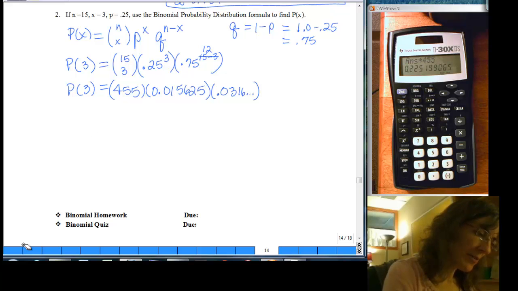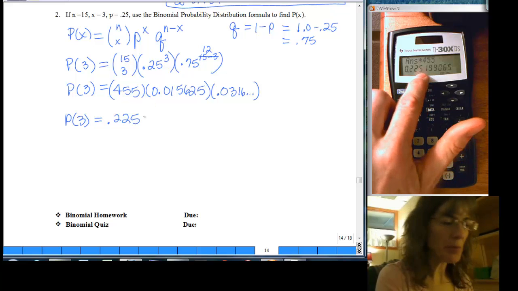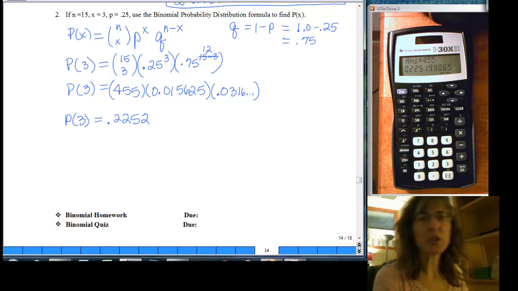and now I have P of 3 equals 0.225, and you can see the next digit is a 9, so that means I'll have to bump that one up to a 2.